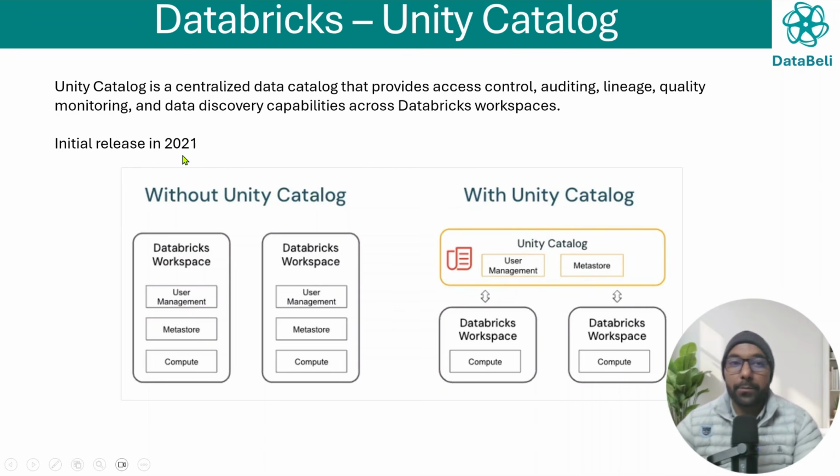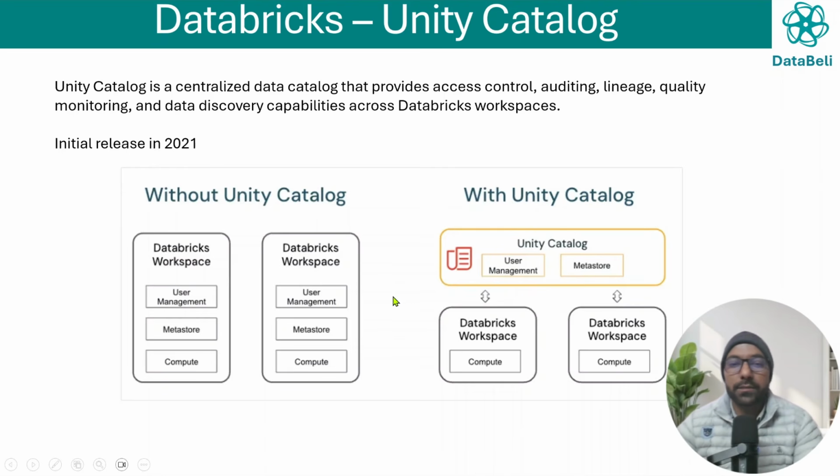So in 2021, when the initial release was there for Unity Catalog, they solved this core problem about user management and metastore or metadata management. As part of the metadata management, they replaced the Hive Metastore, and they also brought up user management.